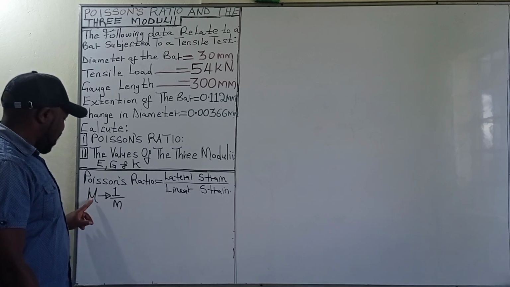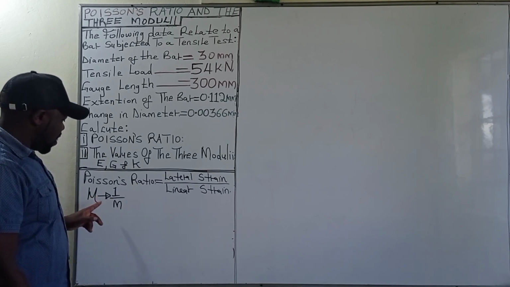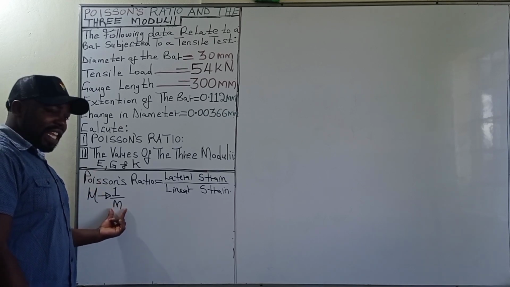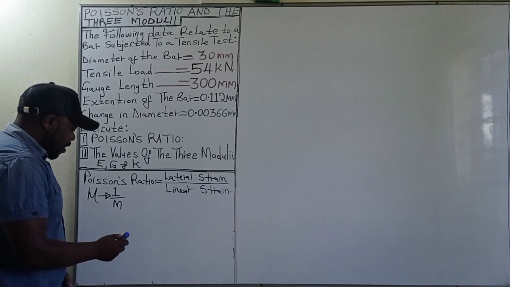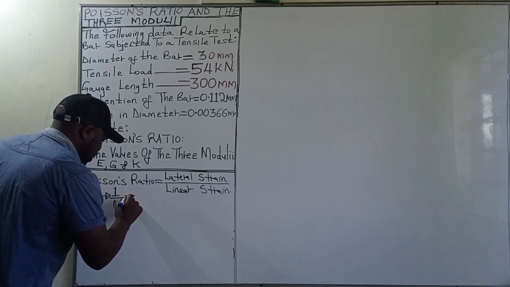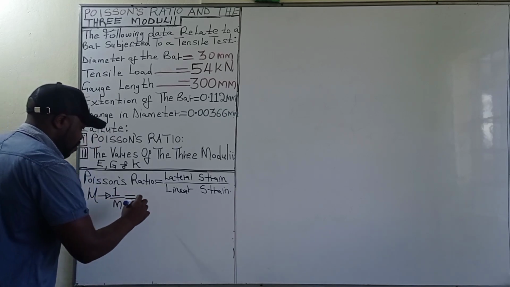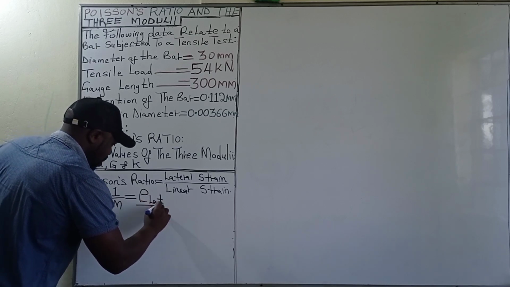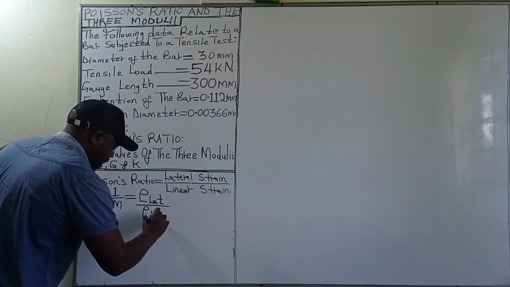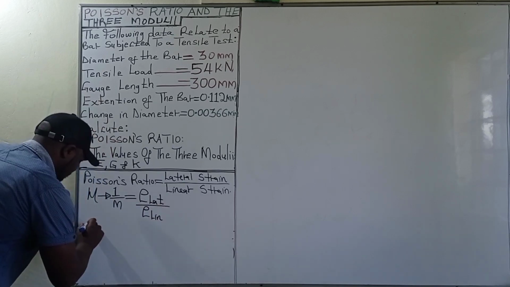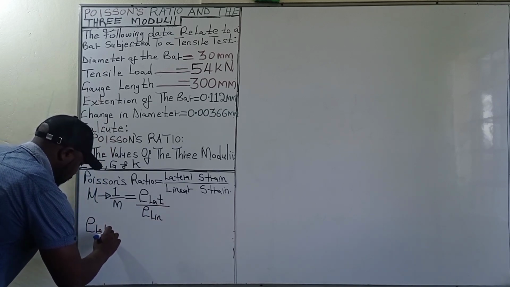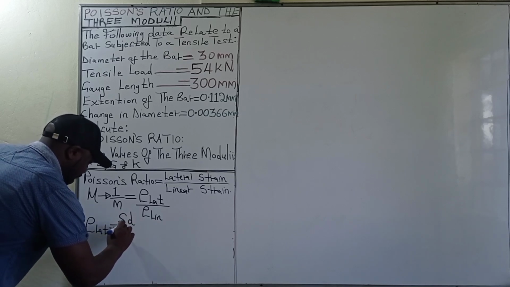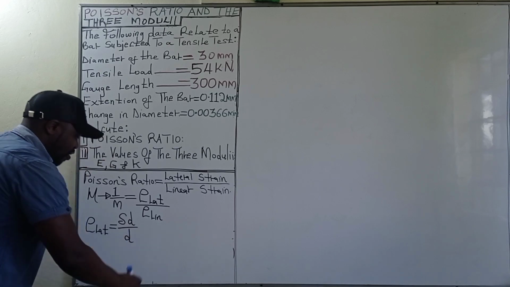So when you get the Poisson's ratio, then you find its reciprocal, and that gives you the constant m. So this 1 over m, which is mu, the Poisson's ratio, will be given by the lateral strain divided by the linear strain. The lateral strain is given by the ratio of change in diameter divided by the original diameter of the bar.